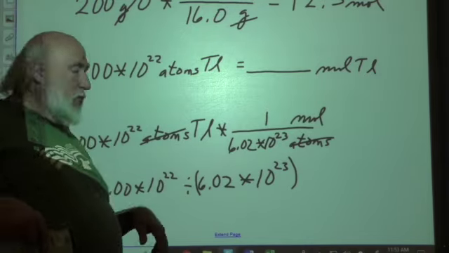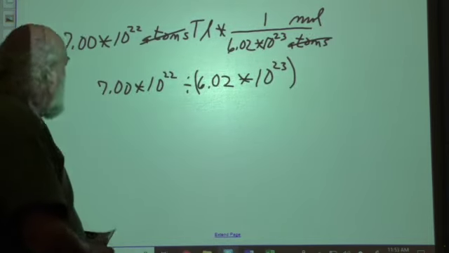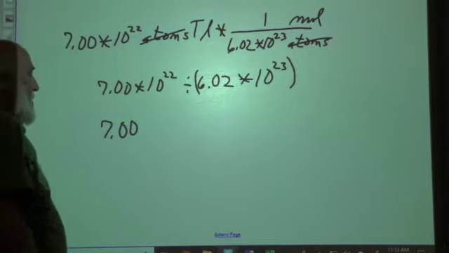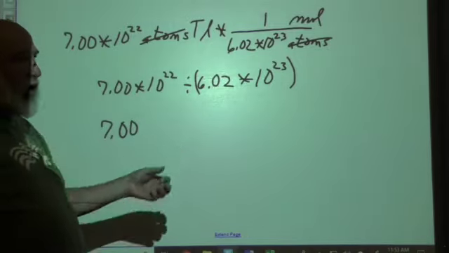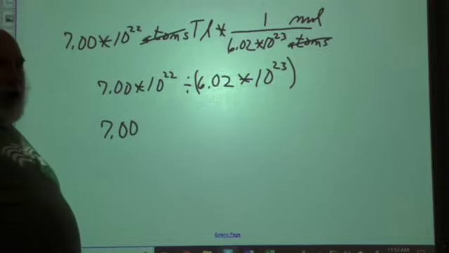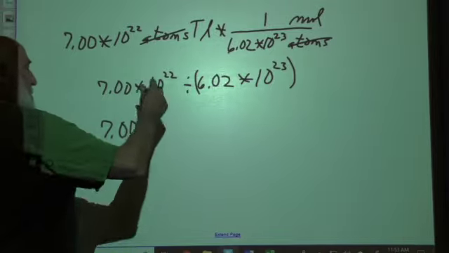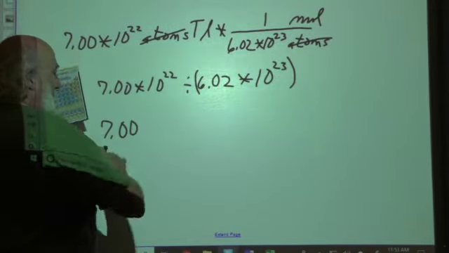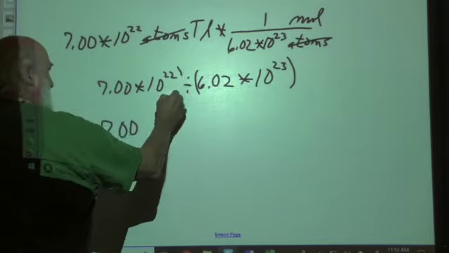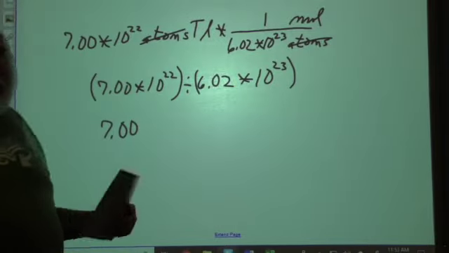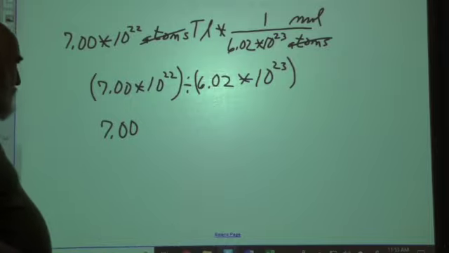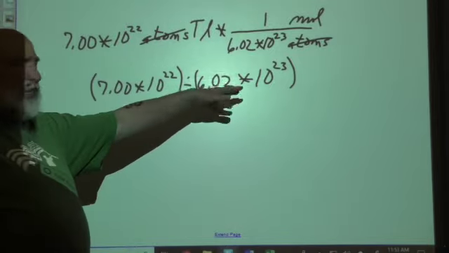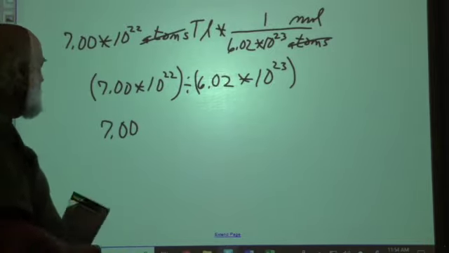Another way, and we talked about this when we talked about scientific notation, is that you can go ahead and type in 7.00, but instead of putting times 10 and then hitting the caret to 22, for those of you who have the graphing calculators, the rest of you will probably have to do this. If you do this, you don't have to put parentheses here because it's multiplying, but it might be a good idea to get in the habit of always separating your numbers just in case. It won't change anything, but getting the habit of putting parentheses helps you not make this mistake.